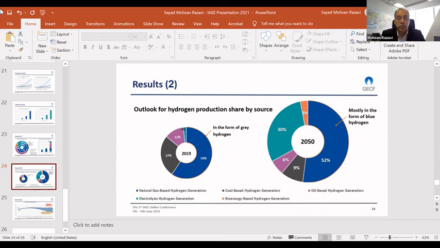This is the first project exporting liquefied hydrogen. We had another export from Saudi Arabia to Japan last year, but that was ammonia. So we need to consider that coal is still there, but maybe we don't see a share of it currently achieved.